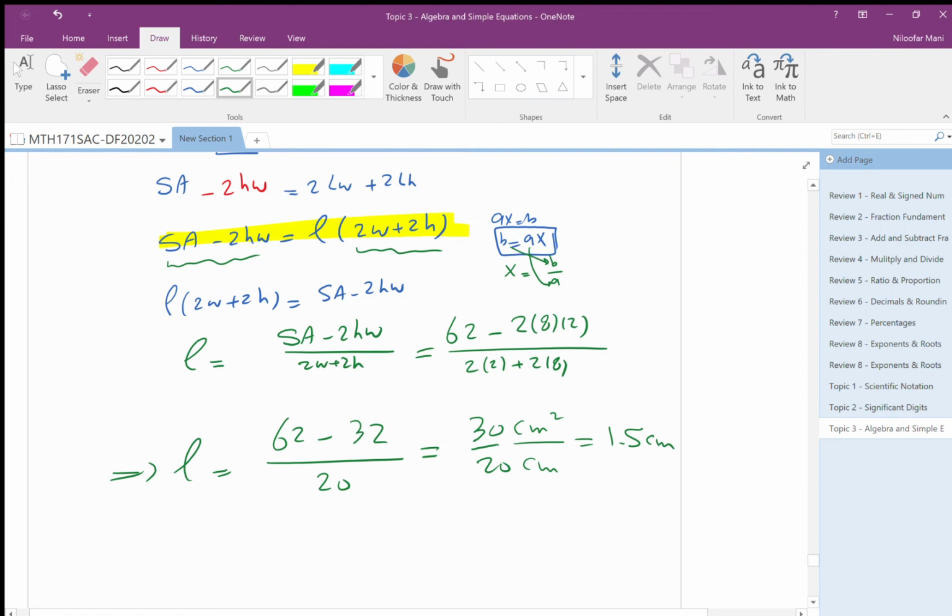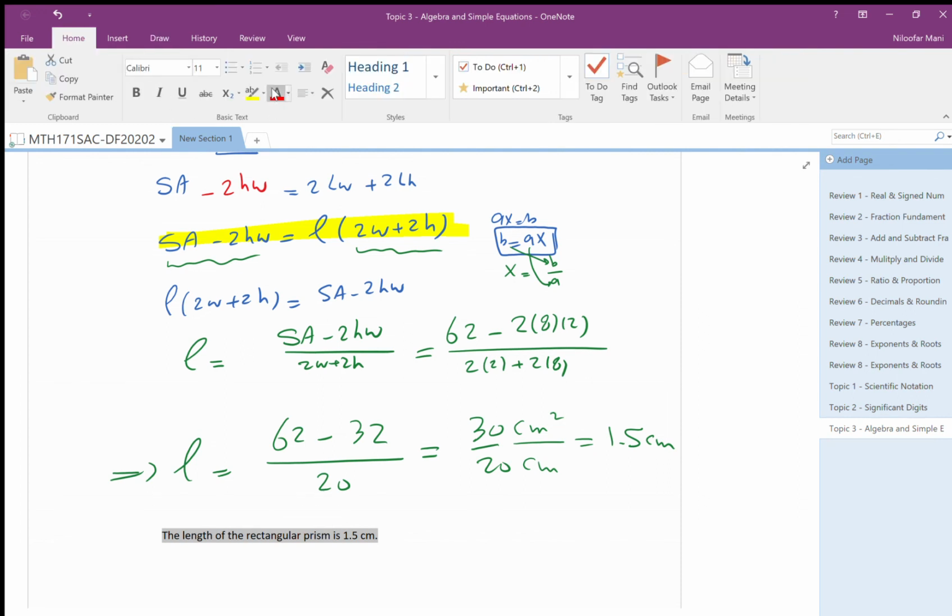So here you have to write a conclusion sentence. You have to say the length of the rectangular prism is 1.5 centimeter.